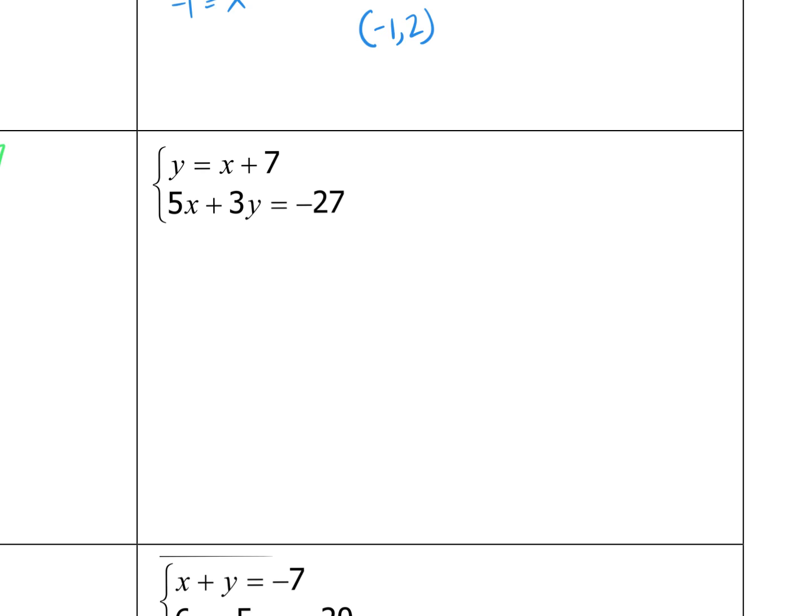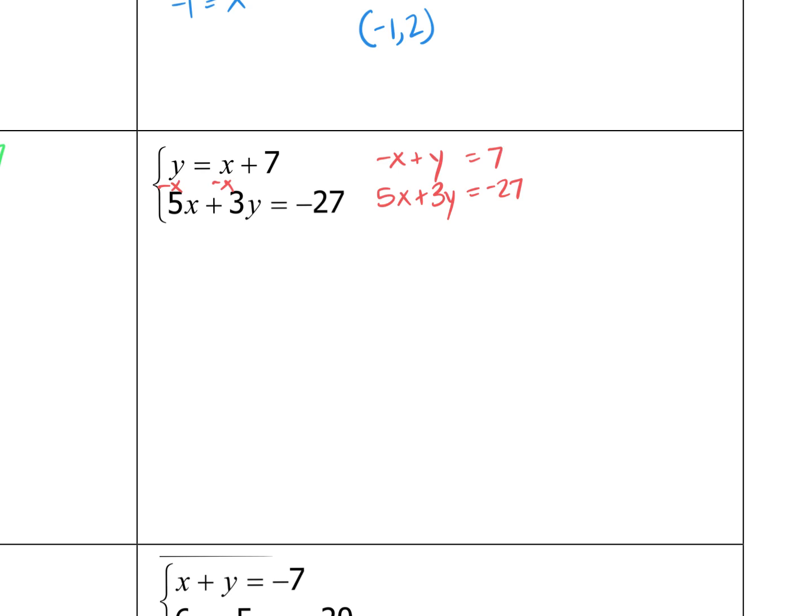So what I would do is I'm going to subtract x from both sides. So I would have negative x plus y equals 7, and then 5x plus 3y equals negative 27. All I did was subtract x from both sides. So instead of x plus 7, I now have negative x plus y.